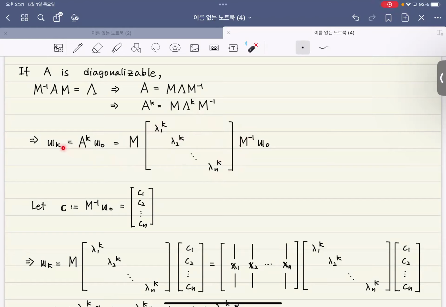Therefore, the solution of the difference equation, u_k, which is A to the k times u0, is M times this diagonal matrix, with every entry raised to the power of k, times M inverse times u sub 0.